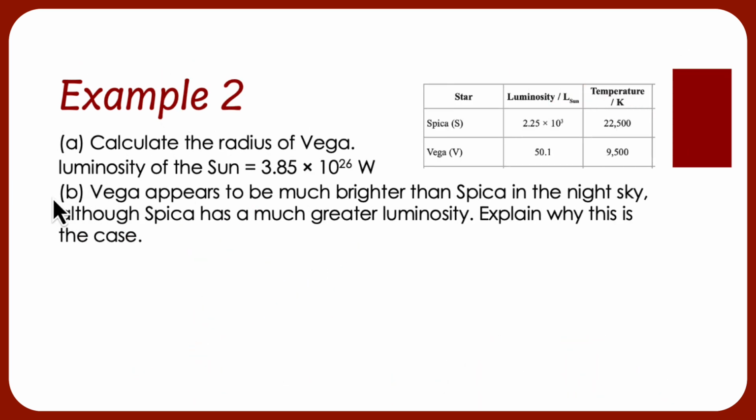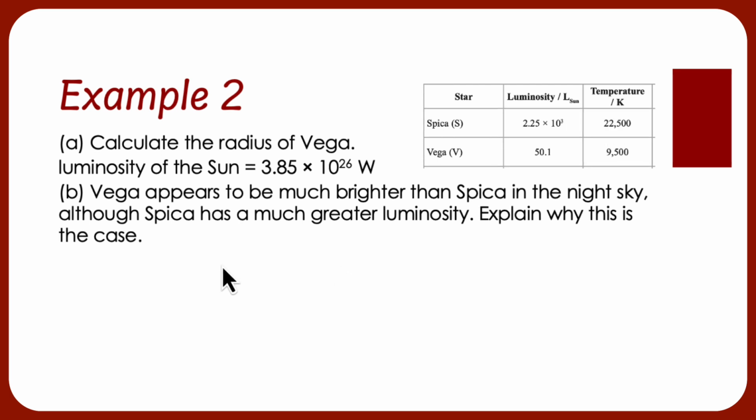Let's do another example. I've got some given data here in my table. It says calculate the radius of Vega, and it gives me the luminosity of the Sun. If you take a look at this value here, this luminosity says it's in units of luminosity of the Sun, which means Vega here is 50.1 times the luminosity of the Sun.